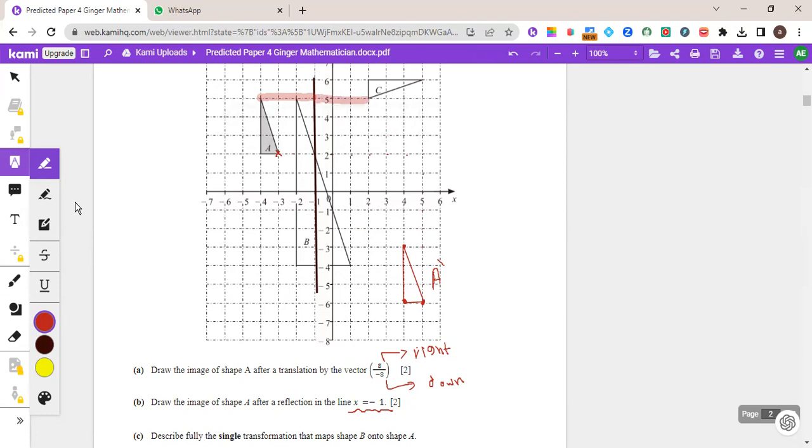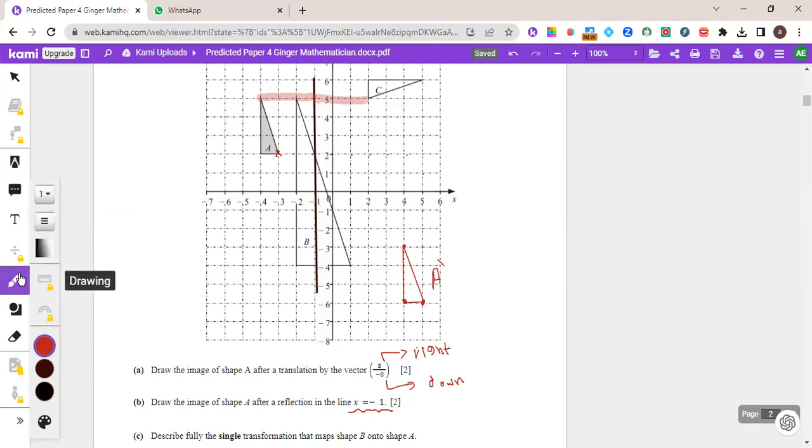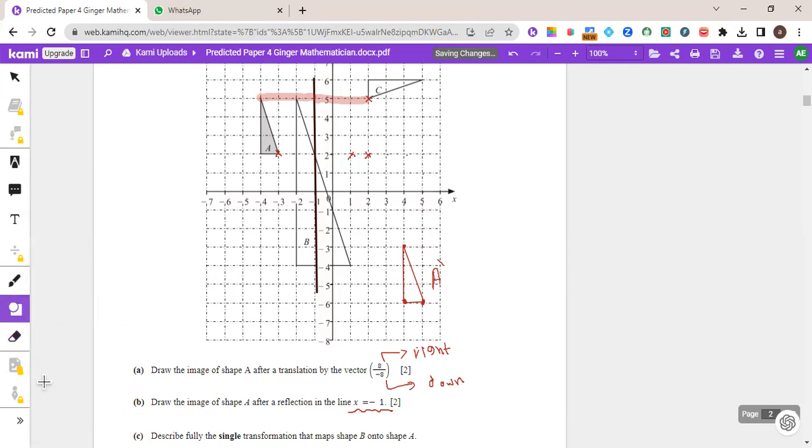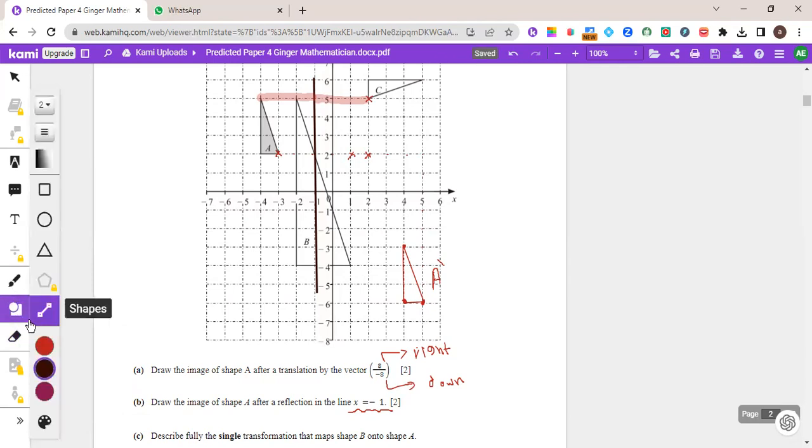Then you do the same with all the points. It will be like this here, and 2 2, and also 1 2. I wish you understand. Like this.